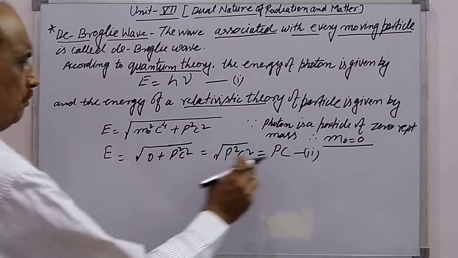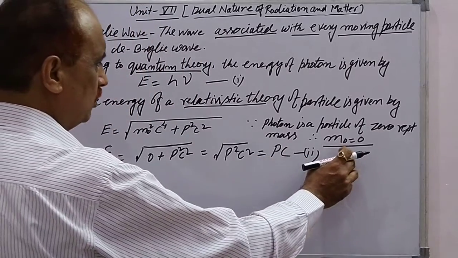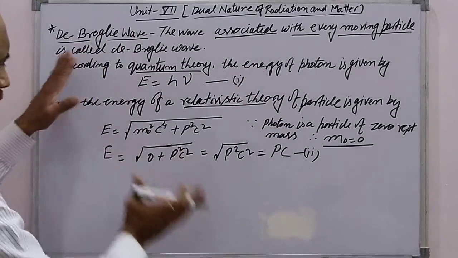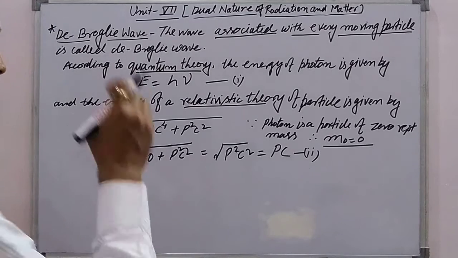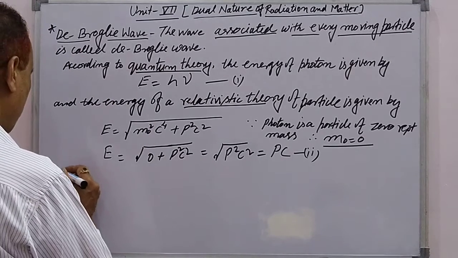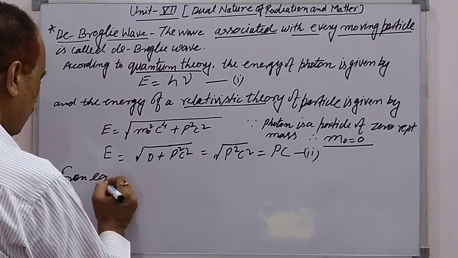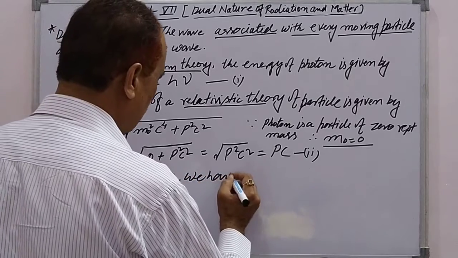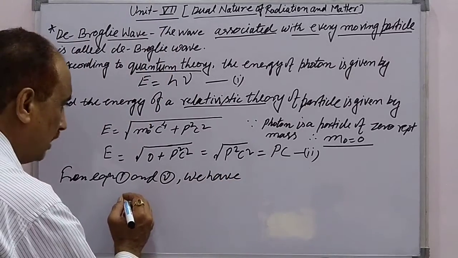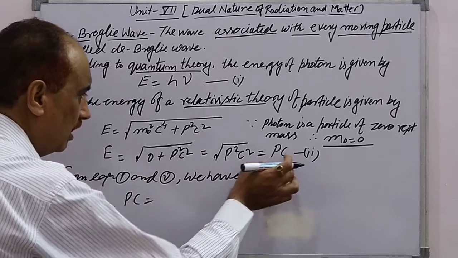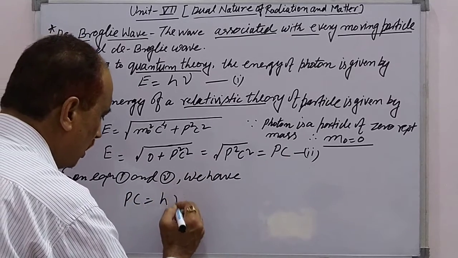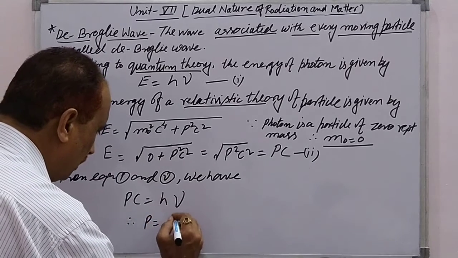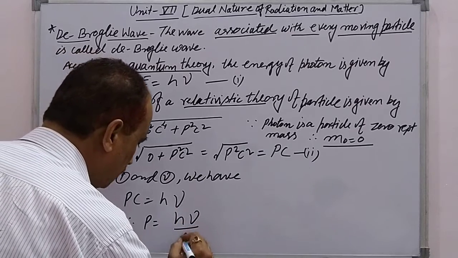Now energy equal to pc for the particle when the rest mass of the photon is 0, and energy is equal to h nu according to the quantum theory, and these two energies are equal to each other for the same photon. Therefore, from equations 1 and 2, pc equals h nu, and from this relation p will be equal to h nu upon c.